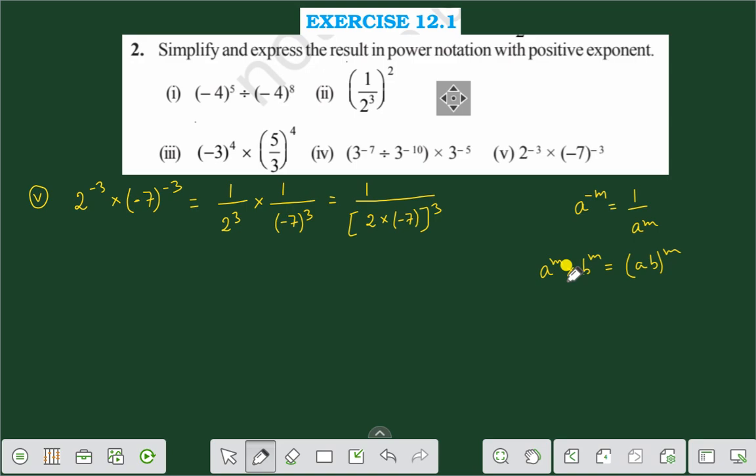Now I'll use this formula. Here you can find it as 1 by (-14)^3. And this is the answer of question number 5.